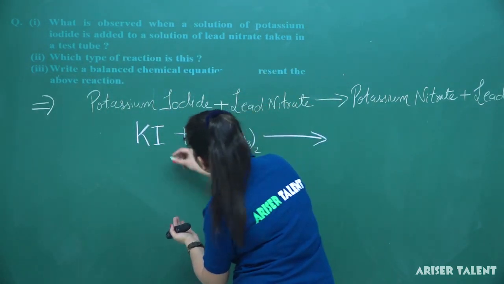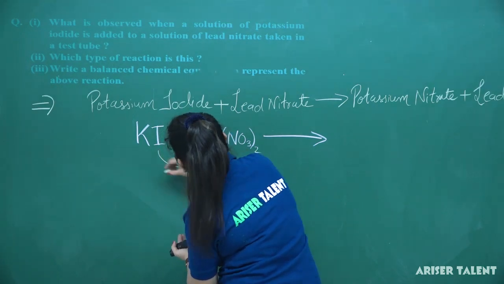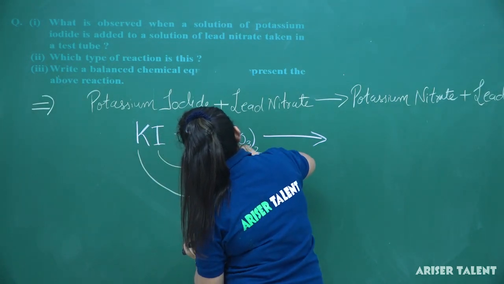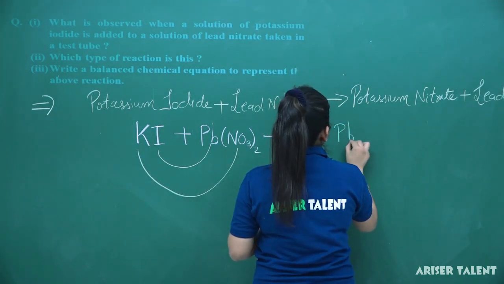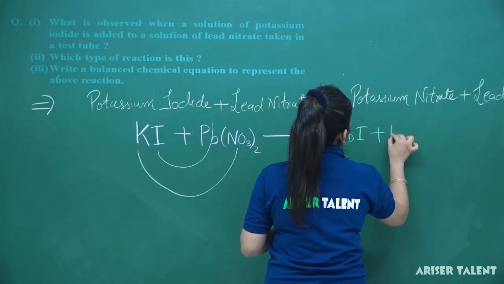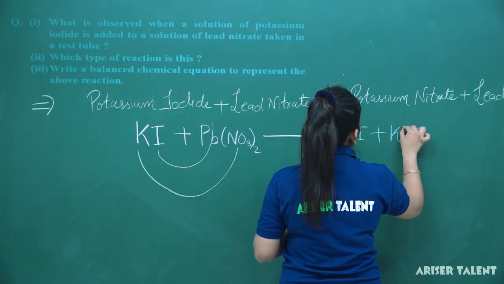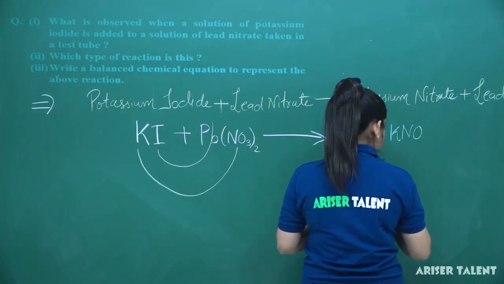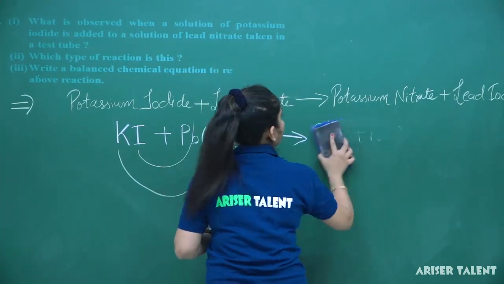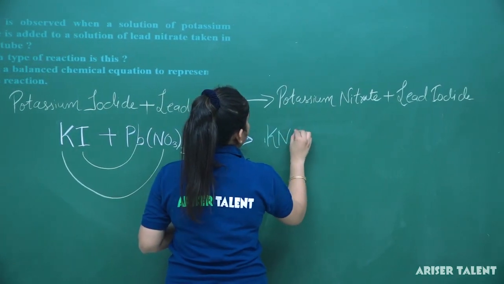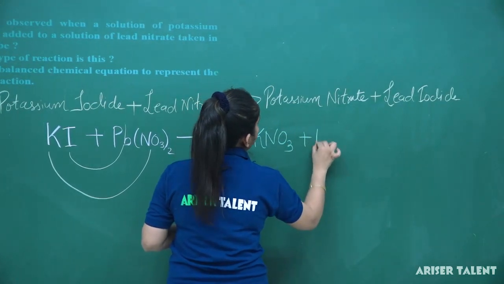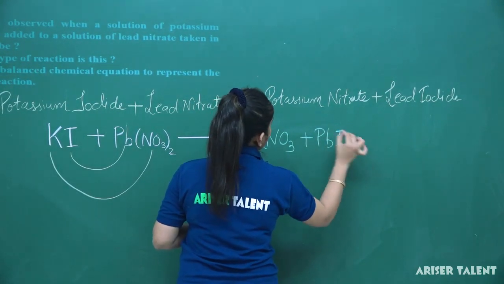So it means Pb is going to react with I and K will make a combination with NO3. So we will get KNO3 plus PbI2.